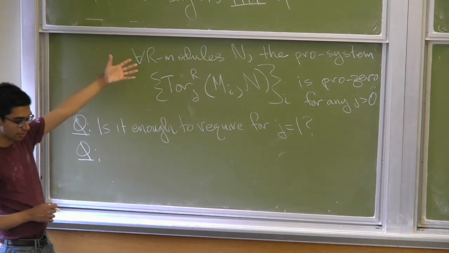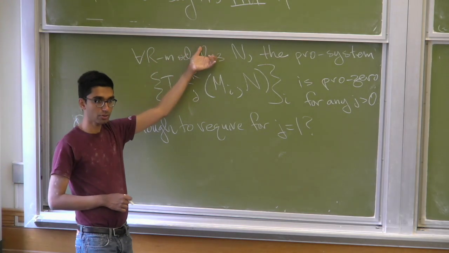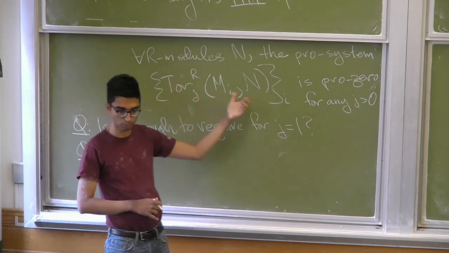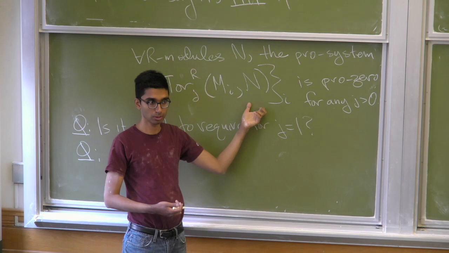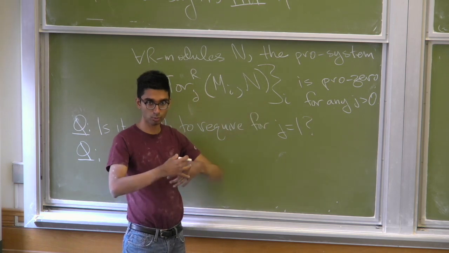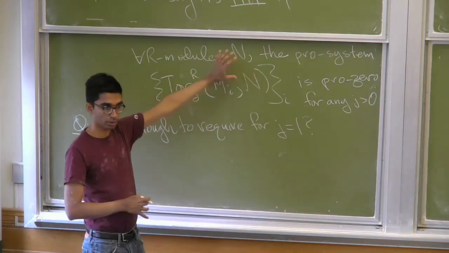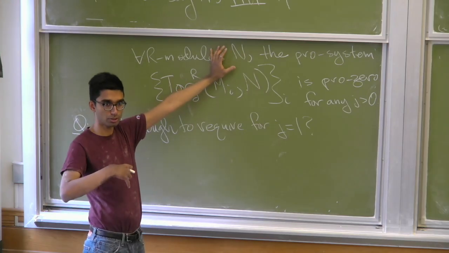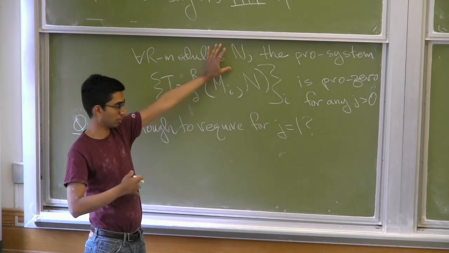One way you could have something which is flat in this sense is if all the M_i's are themselves flat, because then all of these Tor groups would just be zero. And anything which is pro-equivalent to that works too, so this is really a condition on the pro system, not on the individual sequence or indexing diagram.